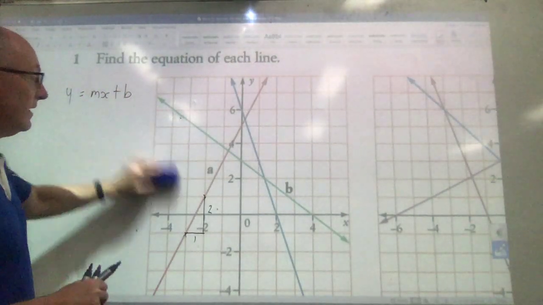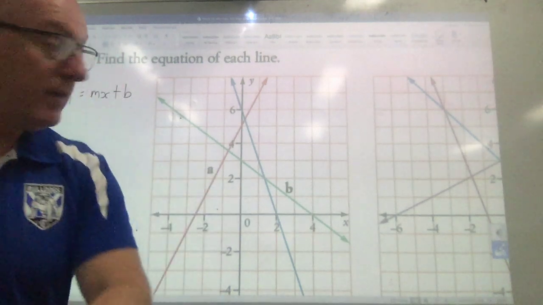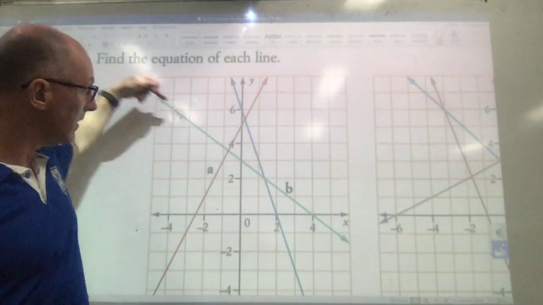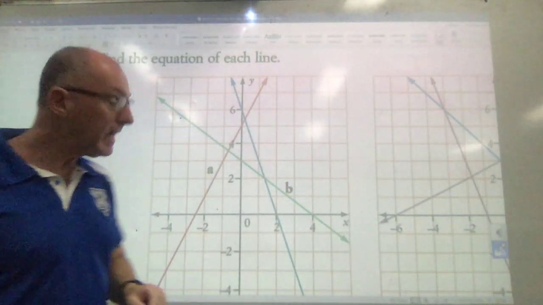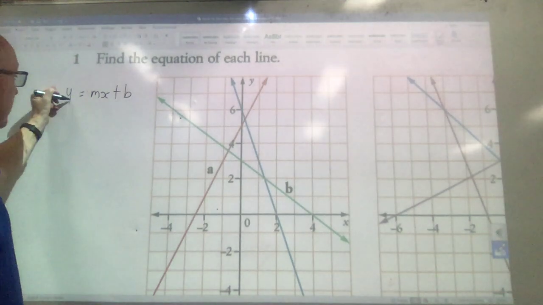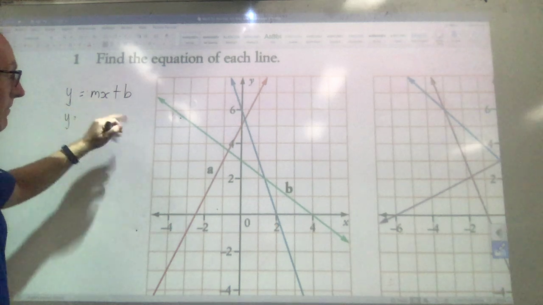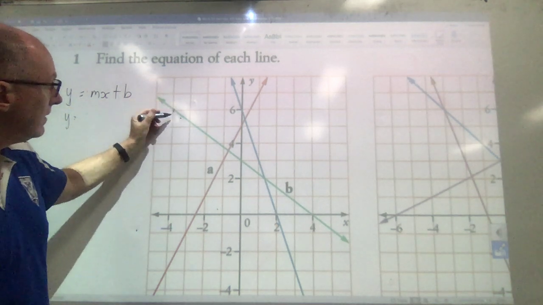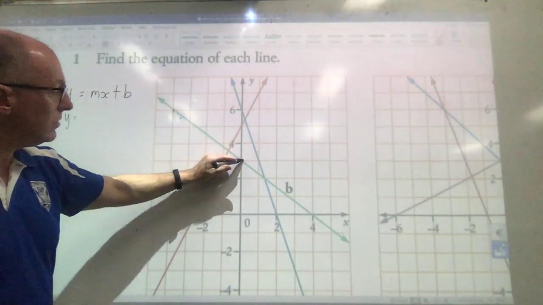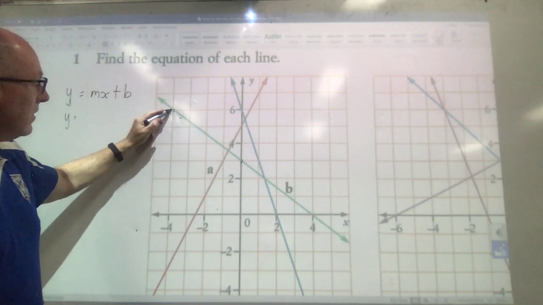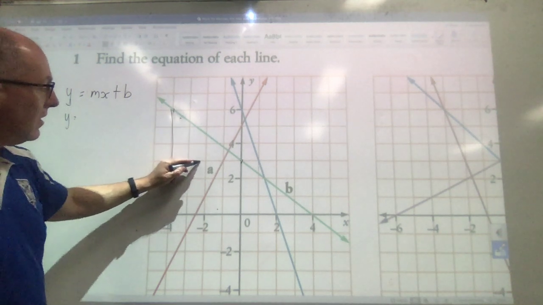Okay, the next one, let's find the equation of the green line. The green line is going down. It will have a negative gradient. It must be in this form. So in this question, the gradient m is, find two corners, 1 and 2. Draw our triangle. Here's our triangle.